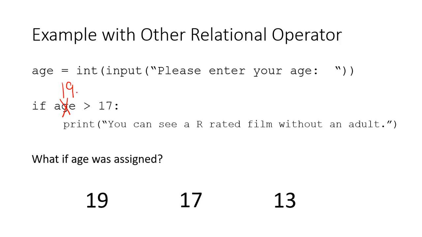Then it's going to ask itself a question: is 19 greater than 17? True. That's a true statement. So what would print is, you can see an R-rated film.